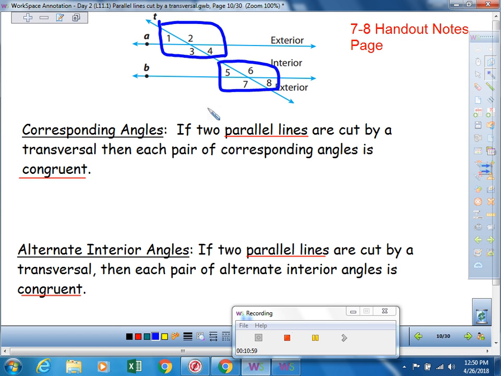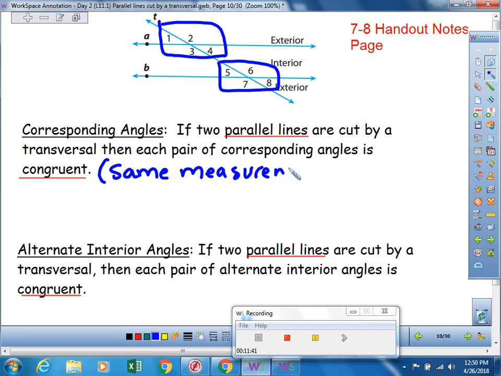So it's the same thing. If 2 parallel lines are cut by a transversal, then each pair of corresponding angles is congruent. What does congruent mean again? Same measurement. So if 6 is 105 degrees, how much is angle 2? 105 degrees.